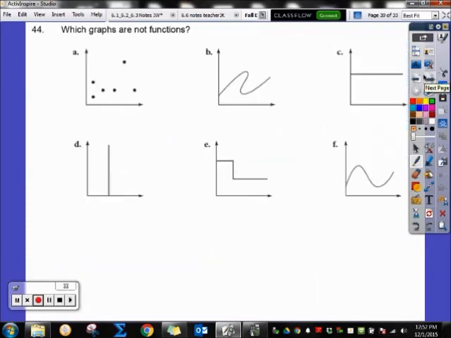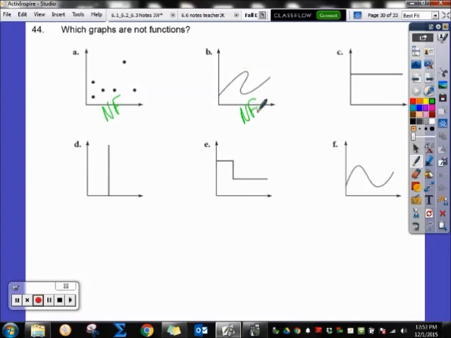44, which are not functions. So this, once again, you can use your vertical line test. So just take your pencil and hold it across. If it touches 2 spots at the same time, like right here, it is not a function. For B, at this point, if you were to draw a straight line, that is not a function.